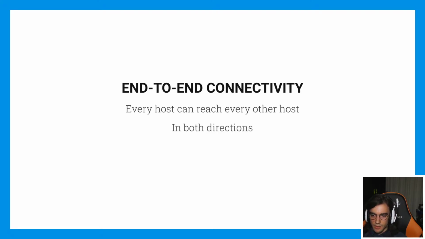In essence, we need bidirectional communication. This is the principle that empowers peer-to-peer applications. If you think about video calls or voice calls on the internet with WebRTC or BitTorrent file transfers, those are all protocols which require end-to-end connectivity to work optimally. Both sides of the connection need to be able to reach each other without a server in the middle.